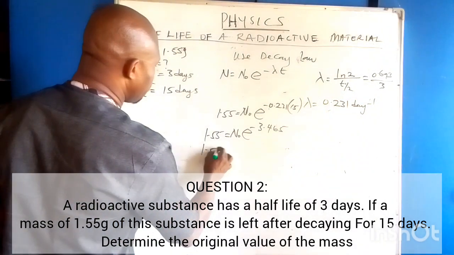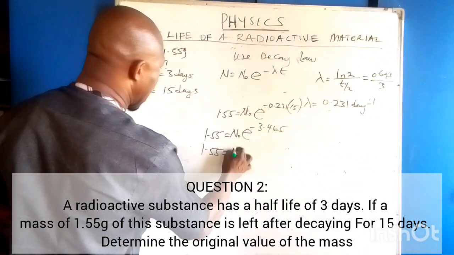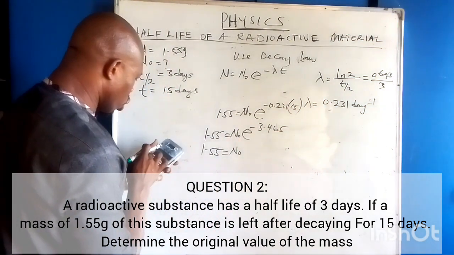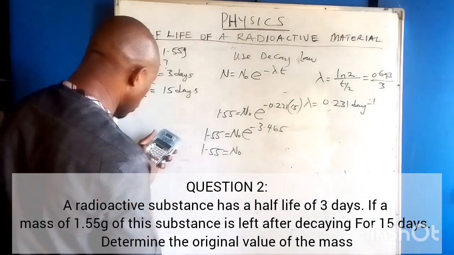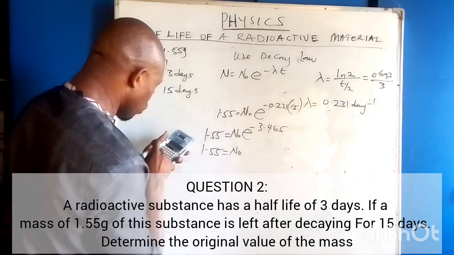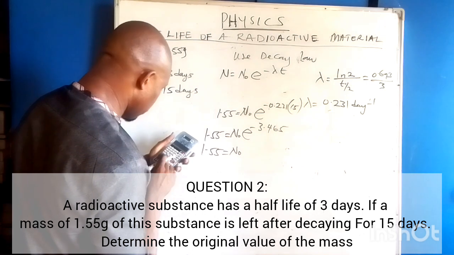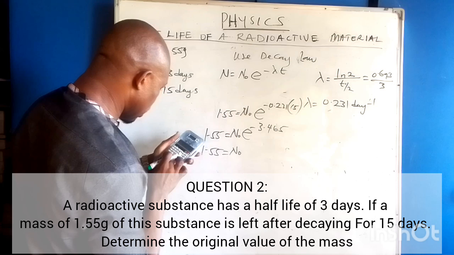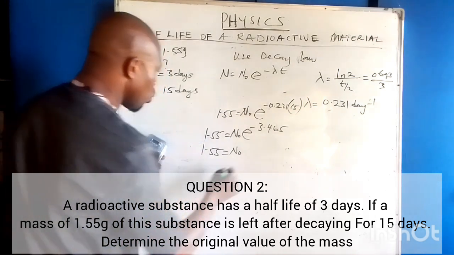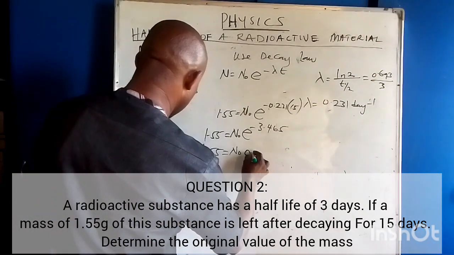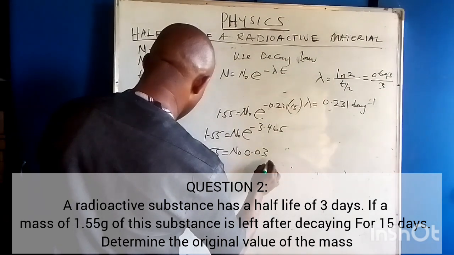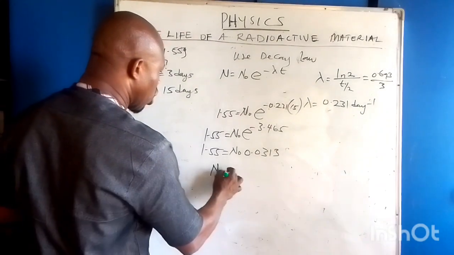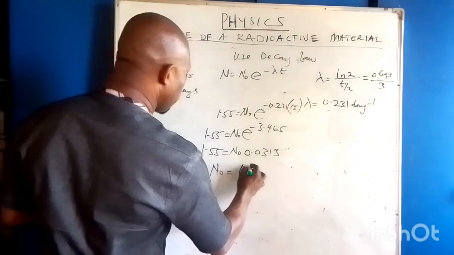Now 1.55 is equal to N naught multiplied by the exponential function of minus 3.465, which gives us 0.0313.